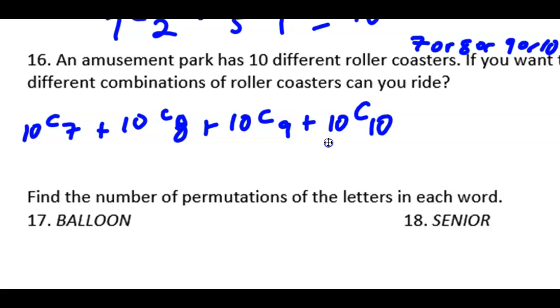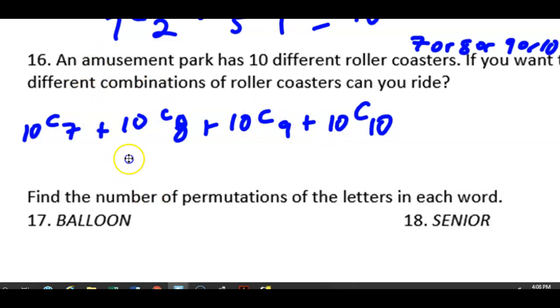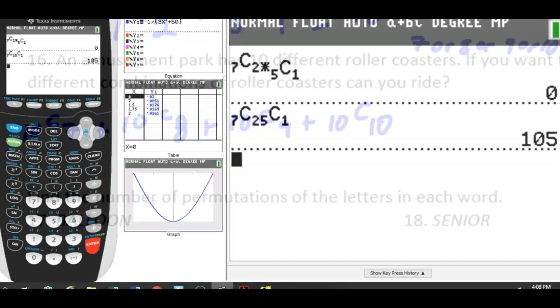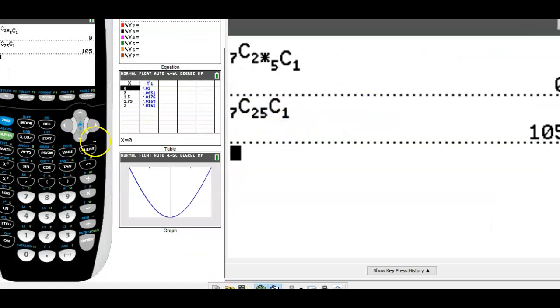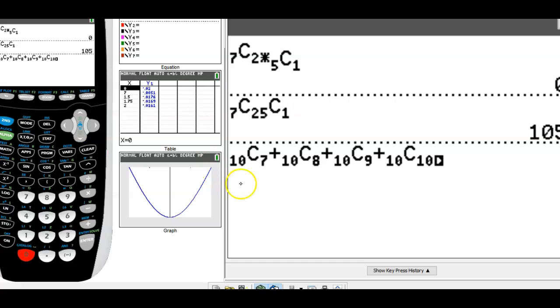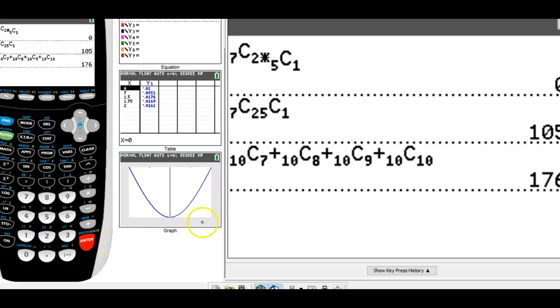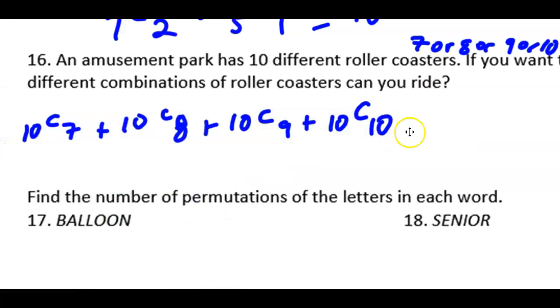So we're going to punch that in the calculator real quick. Boom. So there we go: 10 choose 7, 10 choose 8, 10 choose 9, or 10 choose 10. And we do that, we get 176 different combinations.